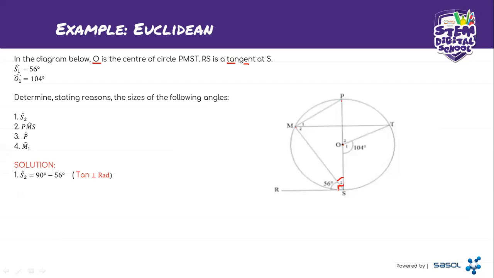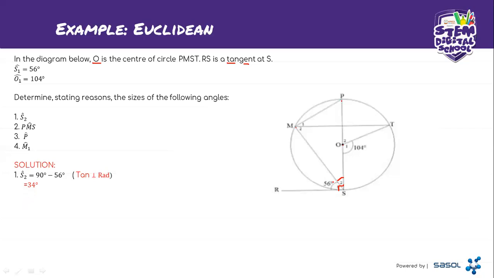So this angle here is 90 degrees. Then we've got angle S1 already, which is 56. So 90 minus 56 gives us angle S2, and that angle is 34 degrees. I don't think we've got another way of getting that angle there.